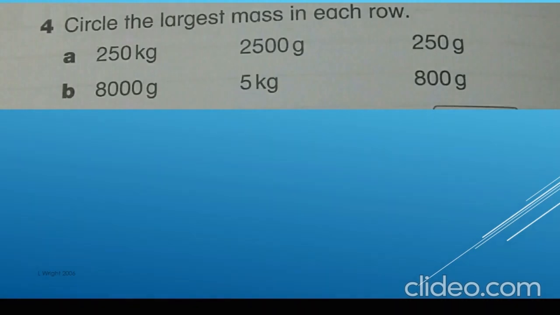Challenge 4. Circle the largest mass in each row. Again, A. We will start at the same. We will find 250 kilogram, then 2,500 gram, 250 gram. Which one is the different one? Yes, this one.